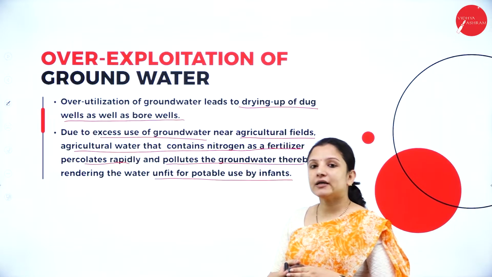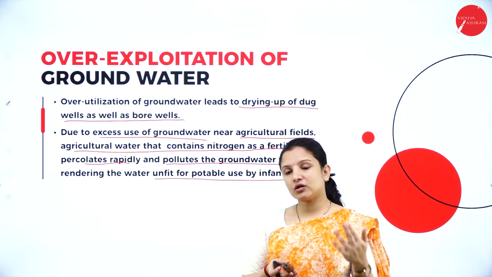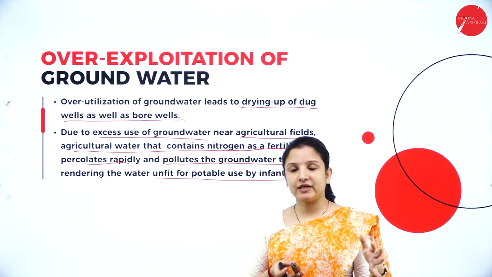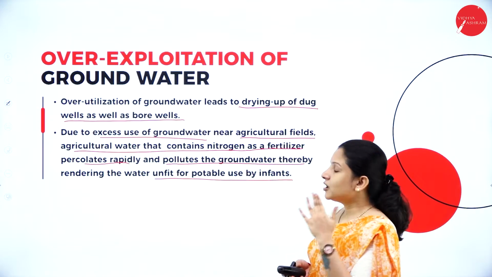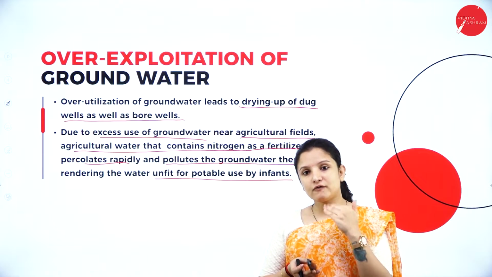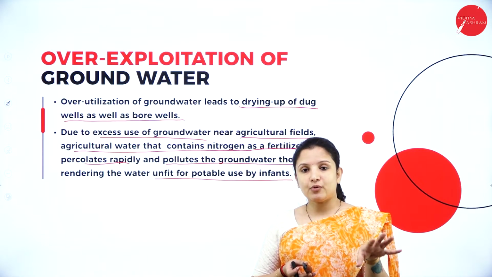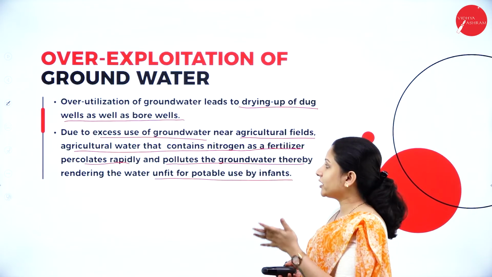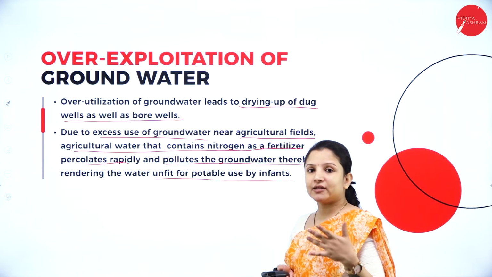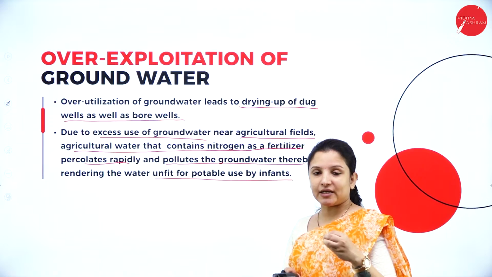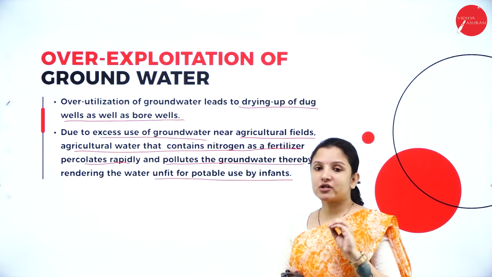So for agricultural fields, whatever water is there near the agricultural fields, we make use of it to such an extent, reducing the quantity of water. So when the quantity of water in the rivers and ponds, etc., which is flowing near the agricultural field, or the groundwater that is there near the agricultural field, decreases, then the amount of nitrogen content in that will increase.